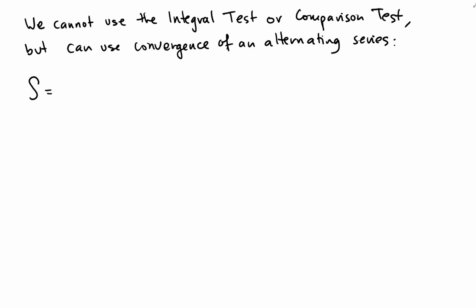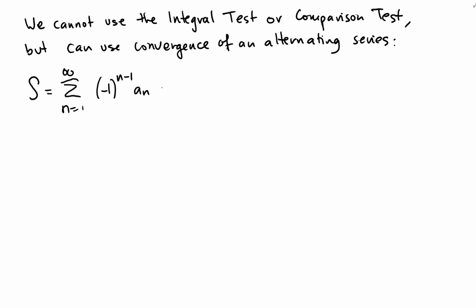So we can't use the integral test or the comparison tests on an alternating series because of every term needing to be positive. What I mean by that is that if we have n equals 1 to infinity of negative 1 to the n, you've seen this term, it switches positive to negative, which is an alternating series.